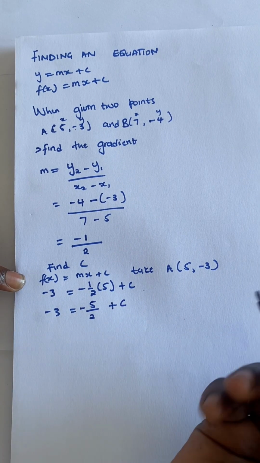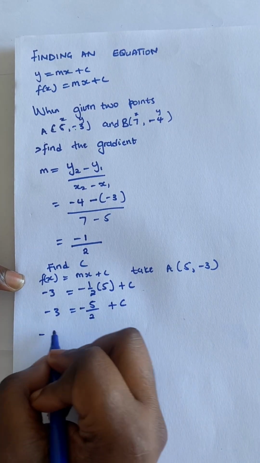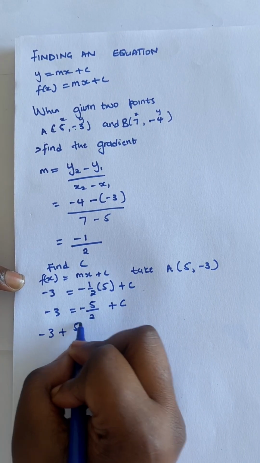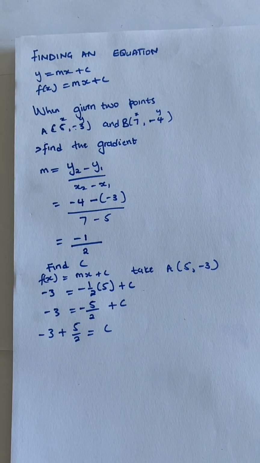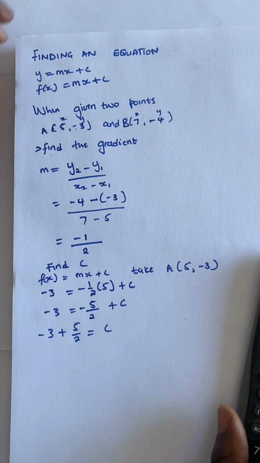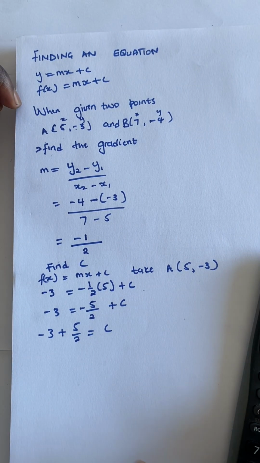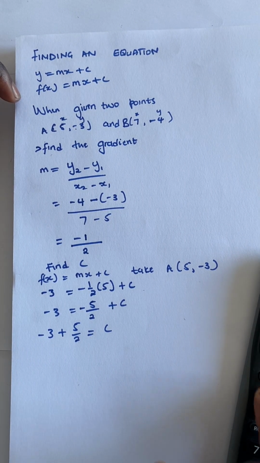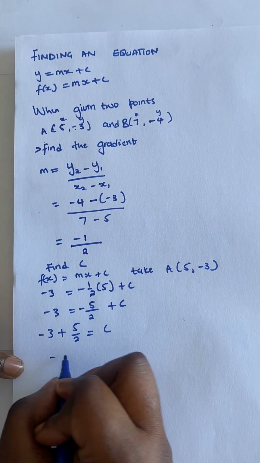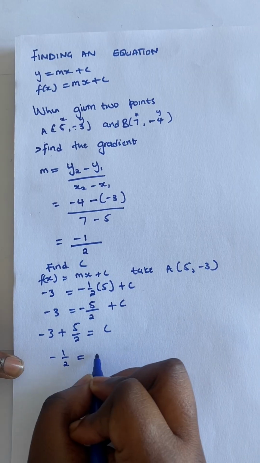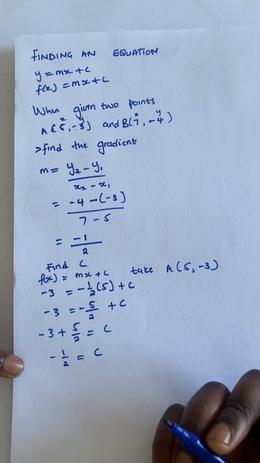So you transpose -5/2, it will be +5/2 is equal to c, and then you take your calculator and punch -3 plus 5/2. That will be -1/2. So -1/2 is equal to c.